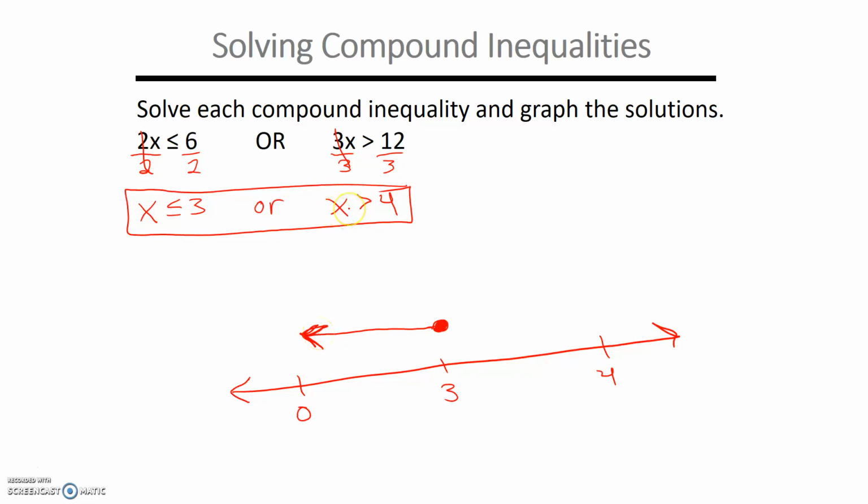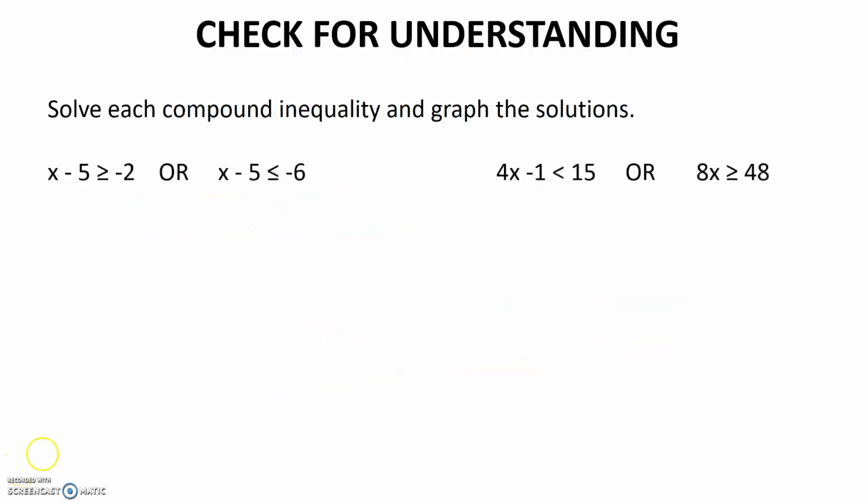Now at 4, I'm strictly greater, so I have to do an open circle, and x is greater, so I'm going to go towards the right-hand side over here. My solutions lie above. So again, it's either x is less than or equal to 3, or x is greater than 4. It's either one or the other. That would make this compound inequality true.